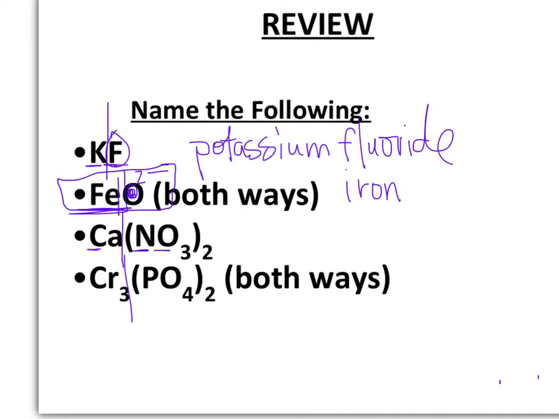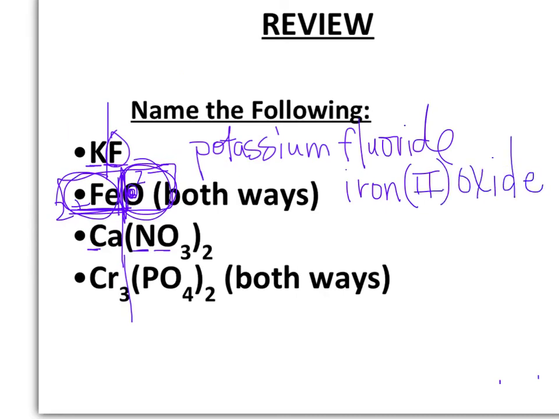So whatever charge the anion is, the cation has to be equal but opposite. So iron must have a charge of 2+. So this would be iron Roman numeral 2 oxide. See how that works. Now we'll do another one in a second. I'm going to just erase some of this because I think it's getting a little crowded.